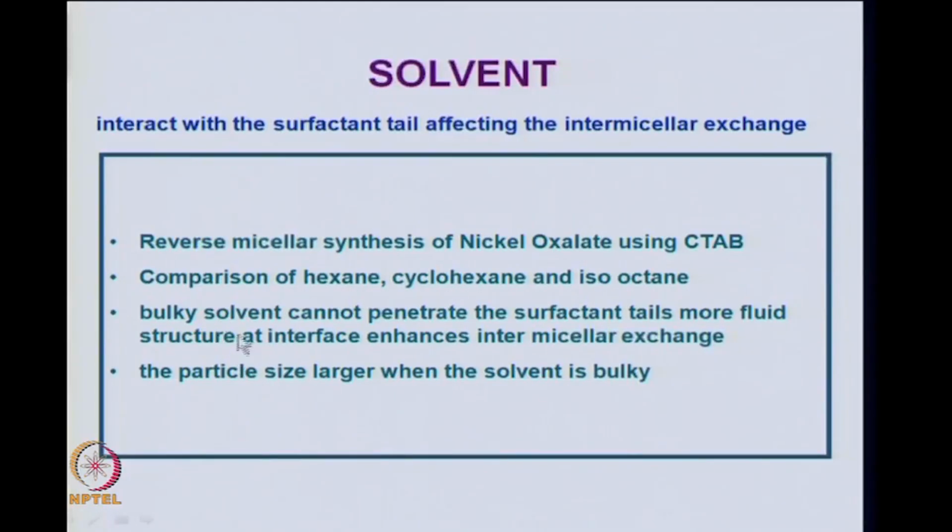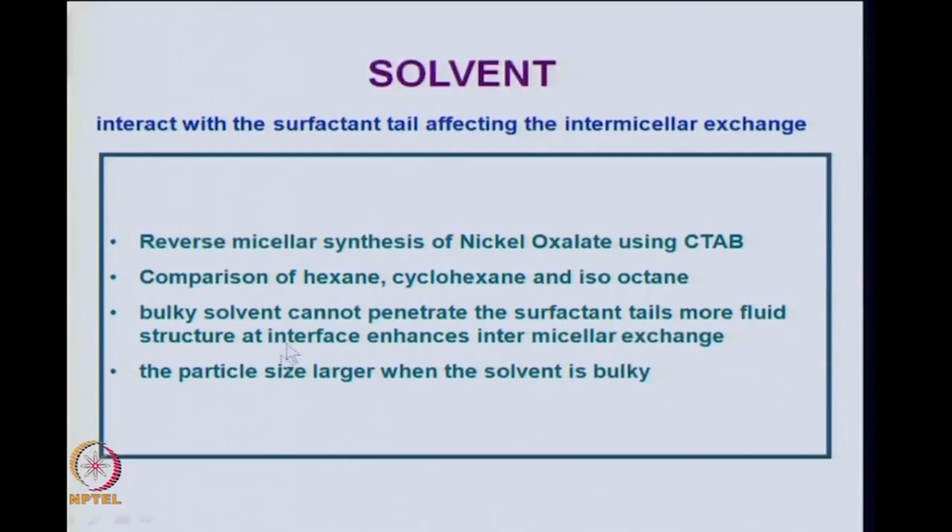Now, if you have a bulky solvent, it cannot penetrate the surfactant tails at the interface. At the interface of water and oil, that is water and the non-aqueous medium, the surfactant will be aggregated, and the bulky solvent which is outside this interface cannot penetrate the surfactant tails, and hence the interface becomes more fluid, and whenever the interface becomes more fluid, that enhances intermicellar exchange.